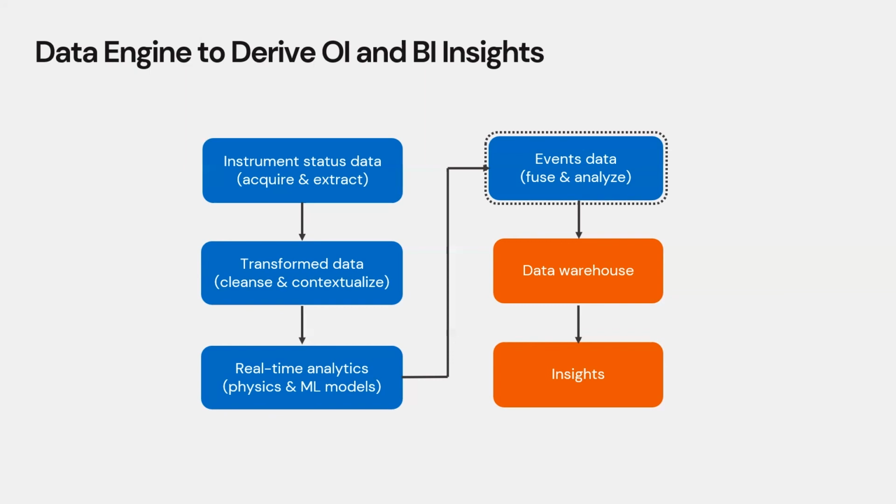And we would record those insights and events in their own data layer, so that later the events data can be stored in a data warehouse to perform the business insights, right? Because to do business insights, you need to be able to look across data over a very long interval. You cannot look at the raw data from the instrument for business insights because the raw data typically only represents every data point.